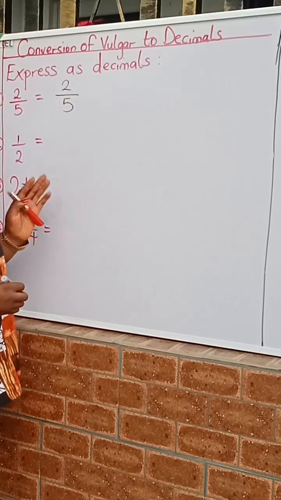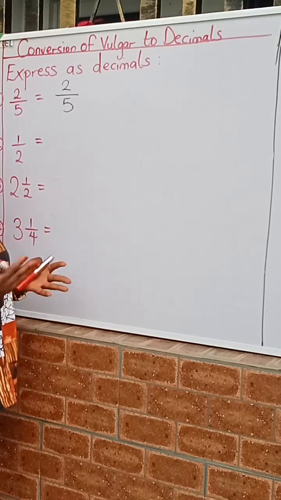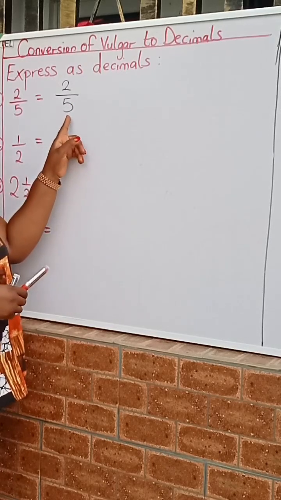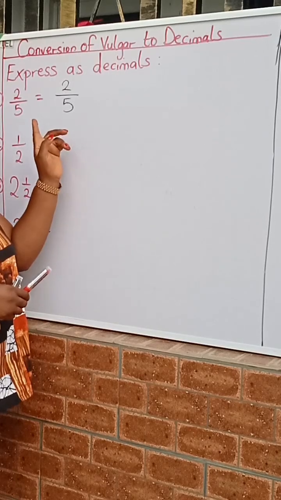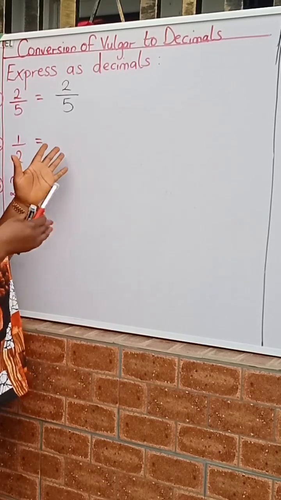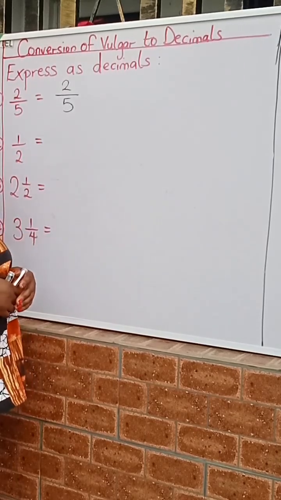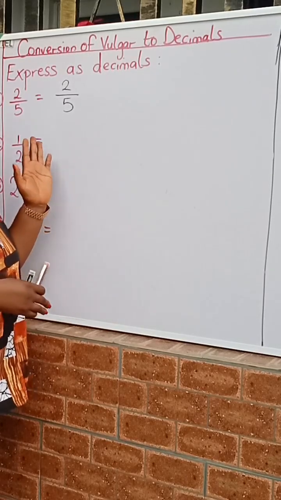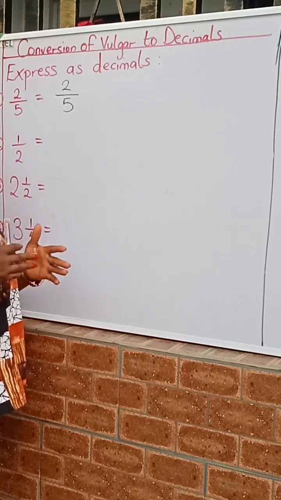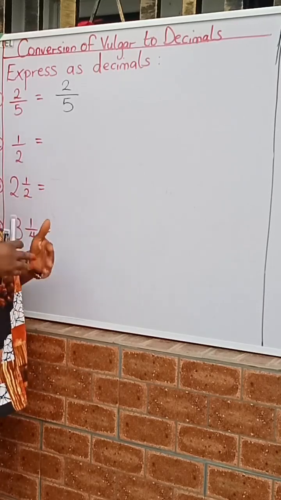Now, looking at this, some people might choose to make the denominator a power of 10. But in some cases, doing that might take a long while, and in some numbers it will not work.